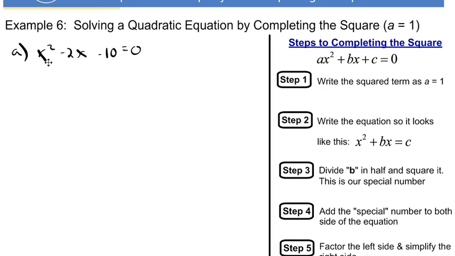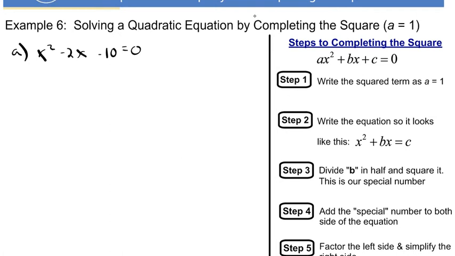Okay, so here we have our quadratic. And again, when it says solve, the context is really, what are we finding? We're finding the X-intercepts, right? So that's really what we're finding, but just by another method. Because we've learned 2 methods so far, right?